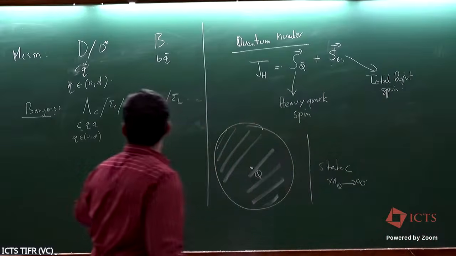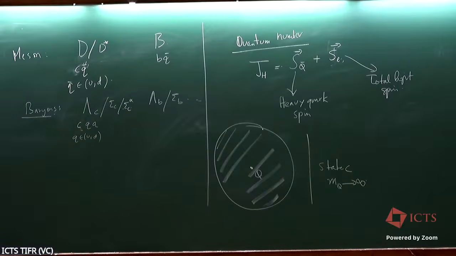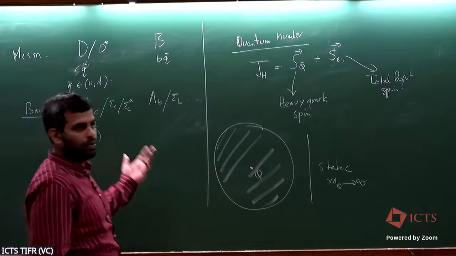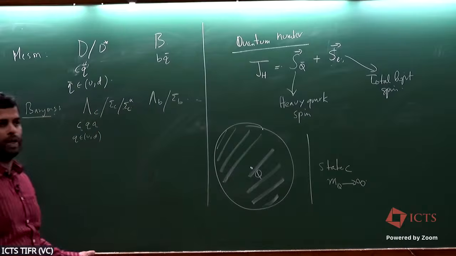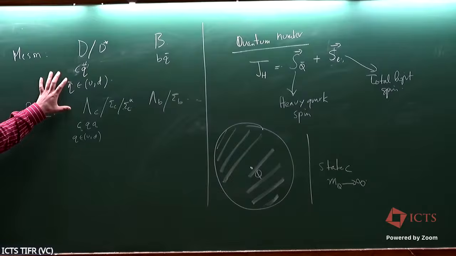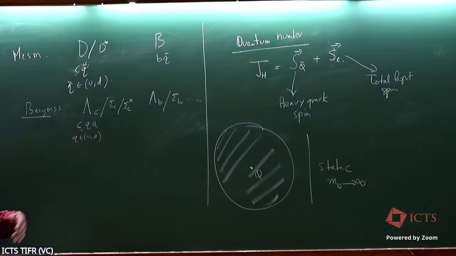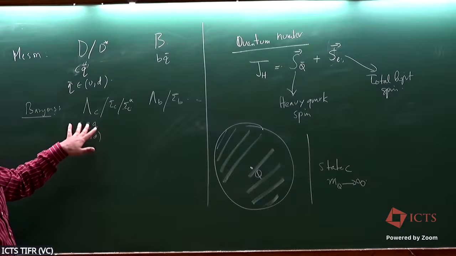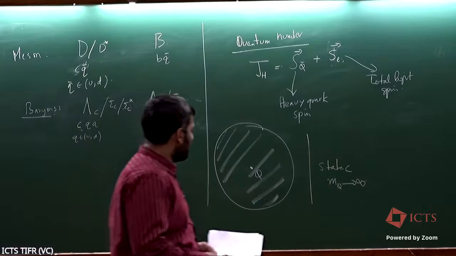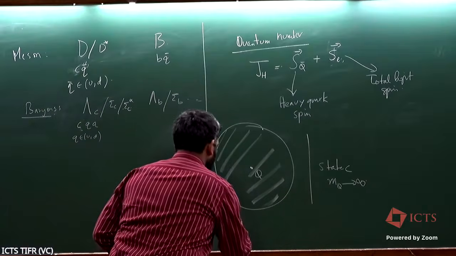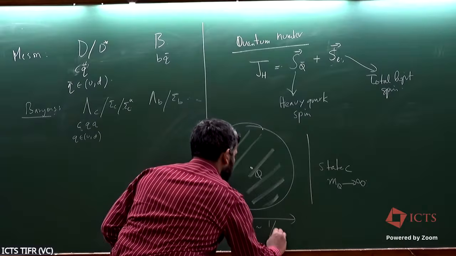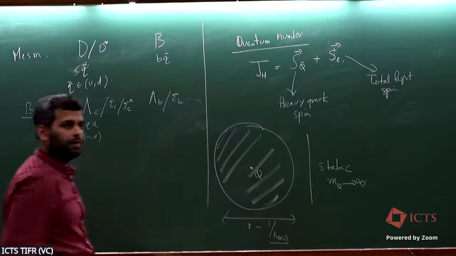So when I say this is an antiquark, it has the quantum number of an antiquark, but it is really a superposition of Fock states of one antiquark, a light quark-antiquark pair, a pair of gluons, because of the non-perturbative interactions. But eventually, in the case of mesons, that superposition gives me the quantum number of the light antiquark. In the case of baryons, the superposition of several interactions of light quarks gives me the quantum number of a two light quark pair. Because of this soup, the radius of this object is fixed by 1 by Lambda QCD.